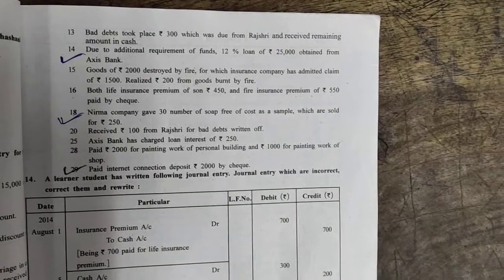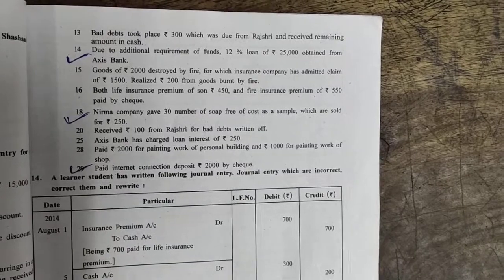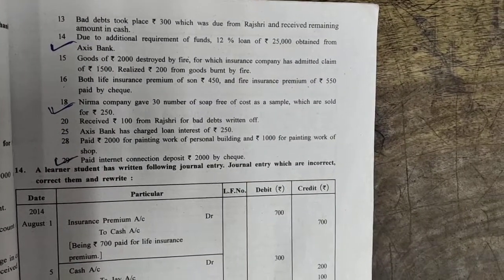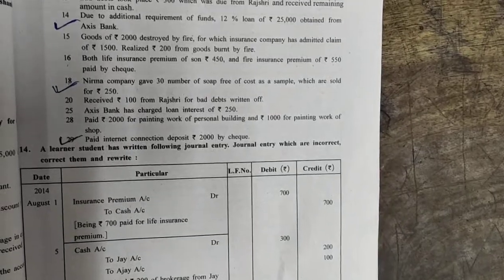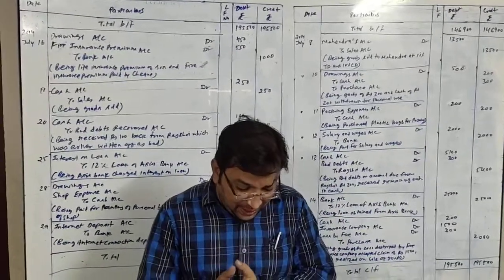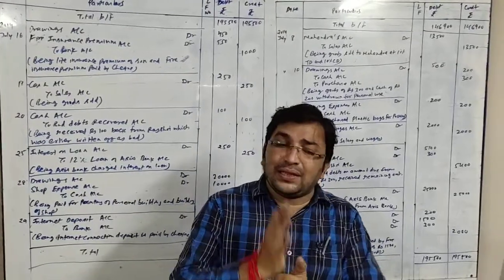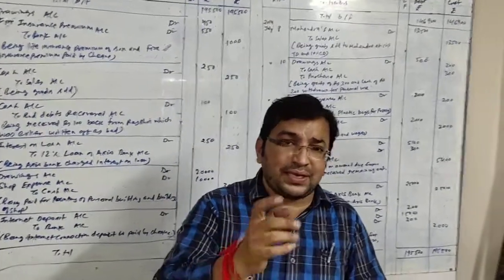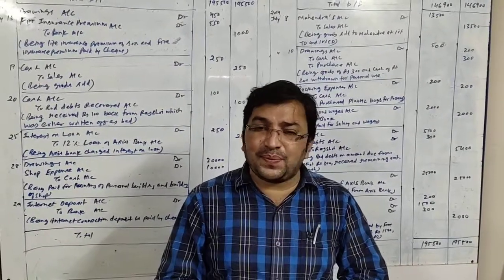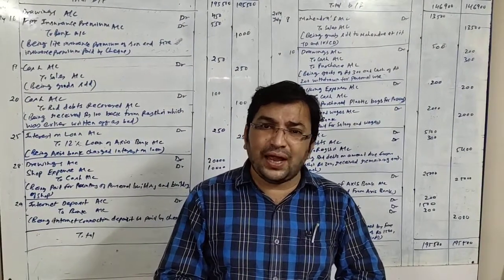Life insurance premium of rupees 450 and fire insurance premium 550 paid by check. So life insurance premium is a drawing because it is a personal expense, and fire insurance premium is an expense.